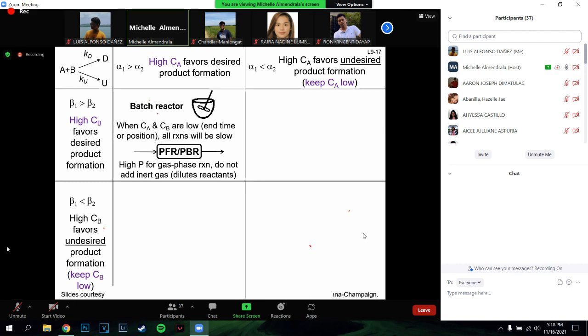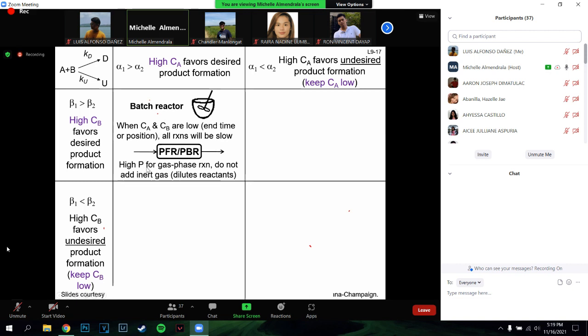So for a batch reactor, when CA and CB are low, for alpha 1 greater than alpha 2 and beta 1 greater than beta 2, both cases favor the forward reaction: the higher the CA and the higher the CB, the more the desired formation is favored. When CA and CB are low, all reactions will be slow. That is for the batch.